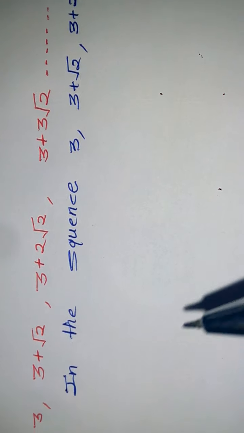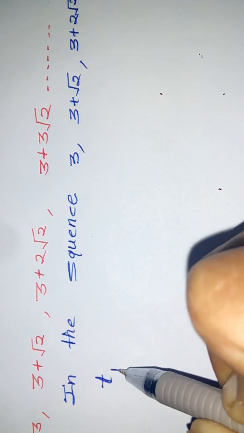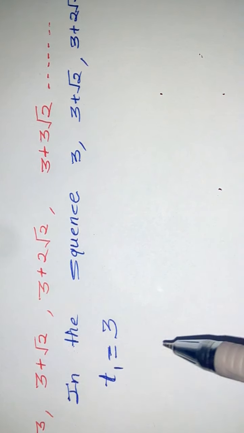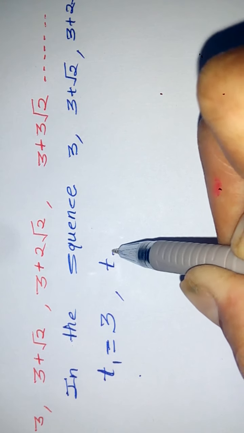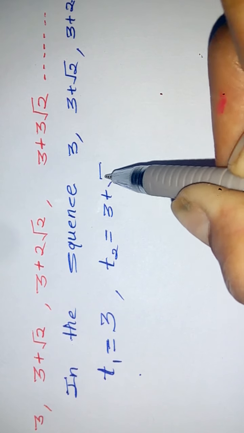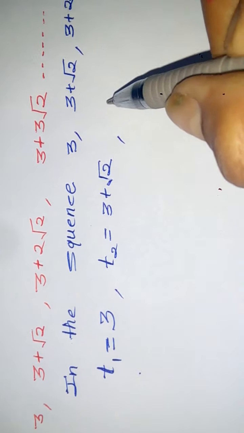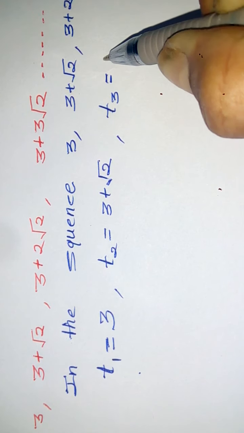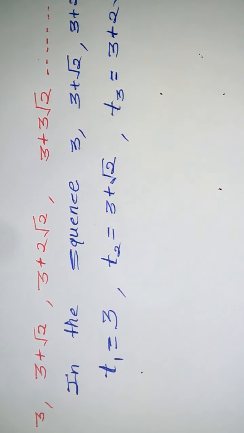Write down first T1. T1 is equal to 3. T2 is equal to 3 plus root 2. T3 is equal to 3 plus 2 root 2.